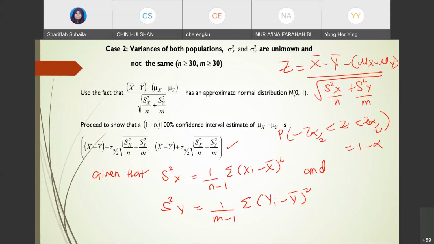Then you have a random variable z defined as this: x bar minus y bar minus mu x minus mu y, divided by the square root of sample variance divided by sample size. Then you want to derive a 1 minus alpha 100% confidence interval. So start: probability of minus z alpha over 2 less than z less than z alpha over 2 equals 1 minus alpha. And then show how you get the formula.